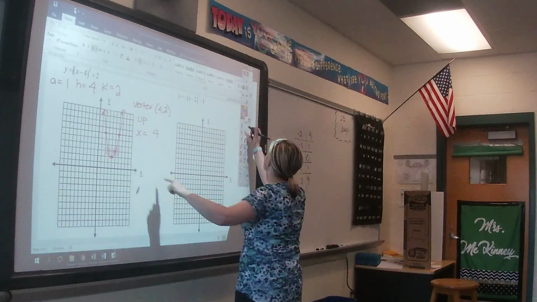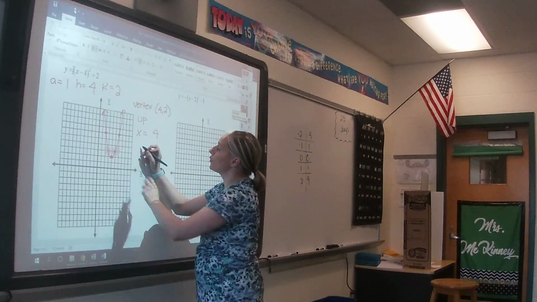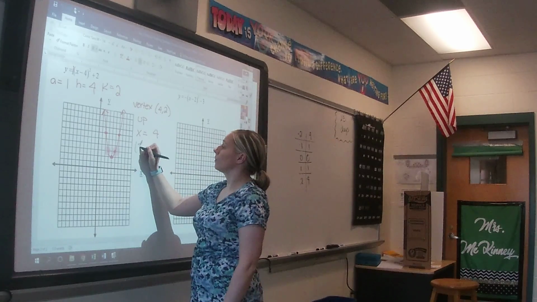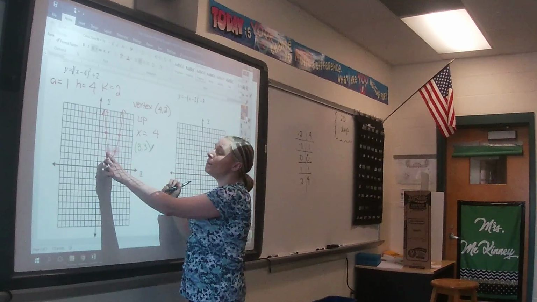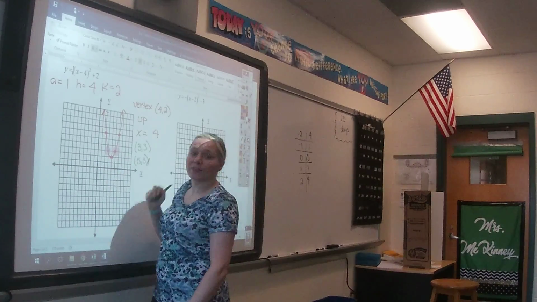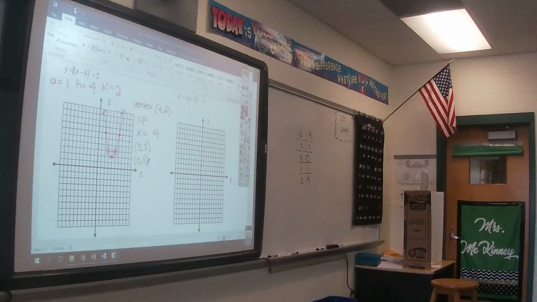So we could say that this is the point (3, 3), and symmetric to it would be the point (5, 3). It just tells me that you actually knew where those points should go and you didn't just guess. You didn't make something that just sort of looked like a U and hope for the best.